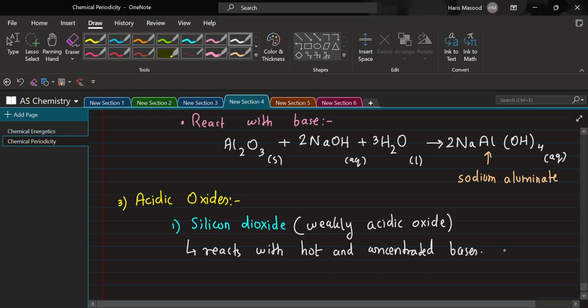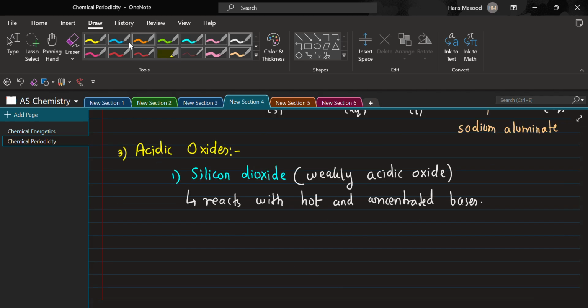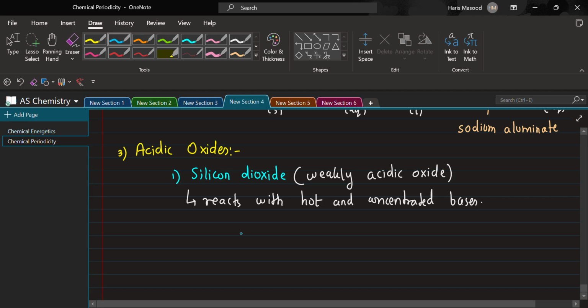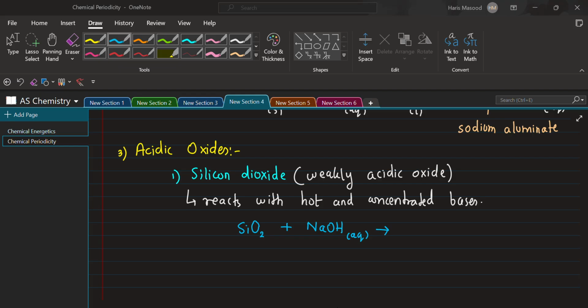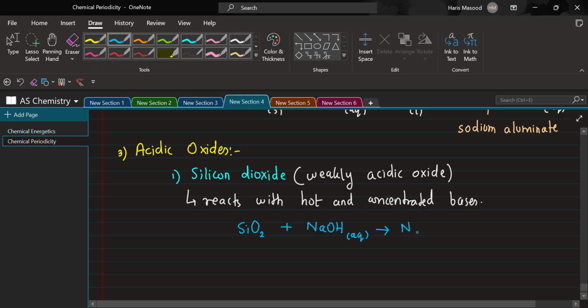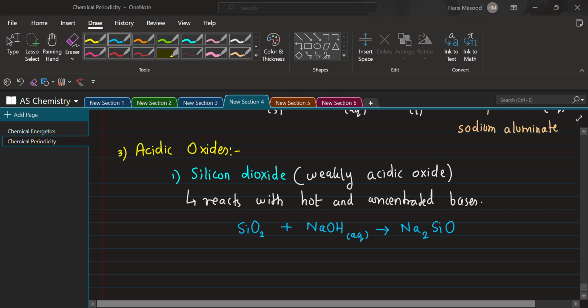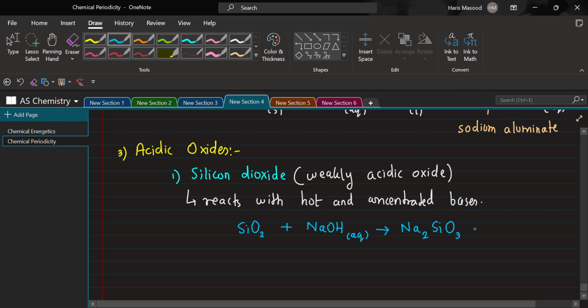So we will be taking hot concentrated NaOH. SiO2 reacts with NaOH to form a sodium silicate, Na2SiO3, and water.